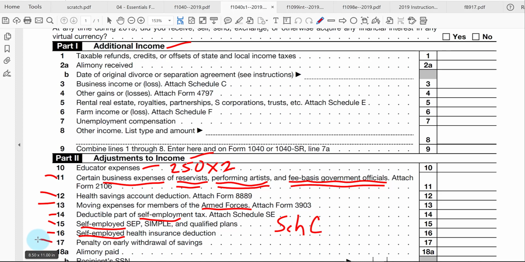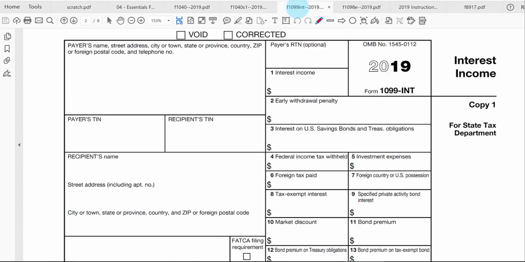Here's a penalty, meaning that you had to take money out early from your what they call certificate of deposit. Let's take a look at the form that we should be familiar with already, and that's the 1099-INT form, that reports interest income here in box number 1.